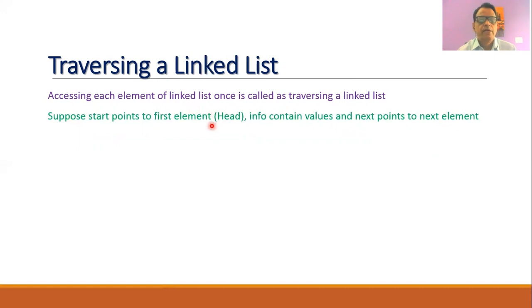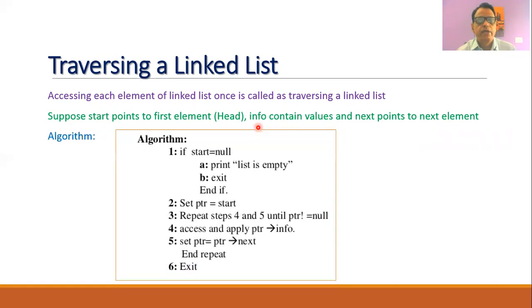Now suppose we have a start pointer or head pointer which will point to the first element, and suppose we have an array called info which will contain the values, and an array next which will point to the next element. Then we can write the algorithm in this fashion in order to perform the traversing operation.